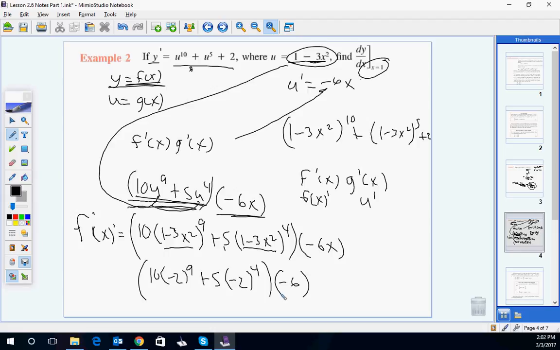The x's got replaced by 1's. That's what I just did. I plugged a 1 in. Okay, I don't need to calculate this out. You can use your calculator if you'd like, but this comes out to be 30,240. It's quite the slope.